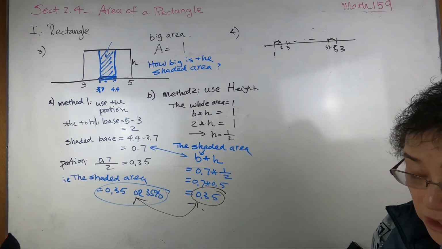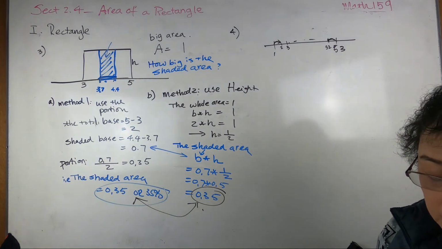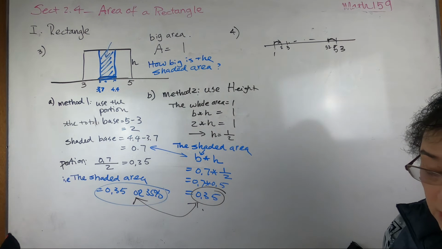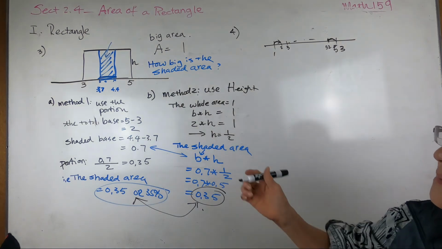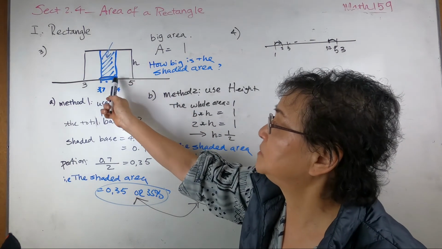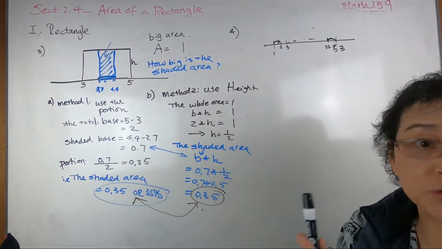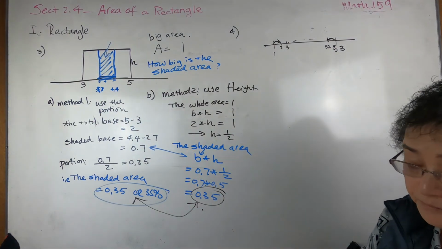Okay, the distribution of the births is depicted below with a rectangle whose area is 1. Remember, when we do the uniform distribution, we always use the area as 1.